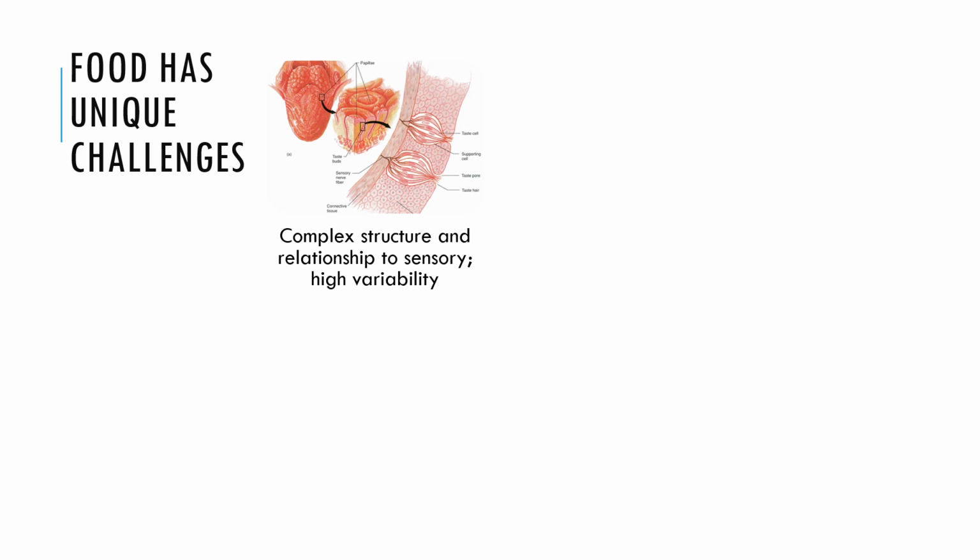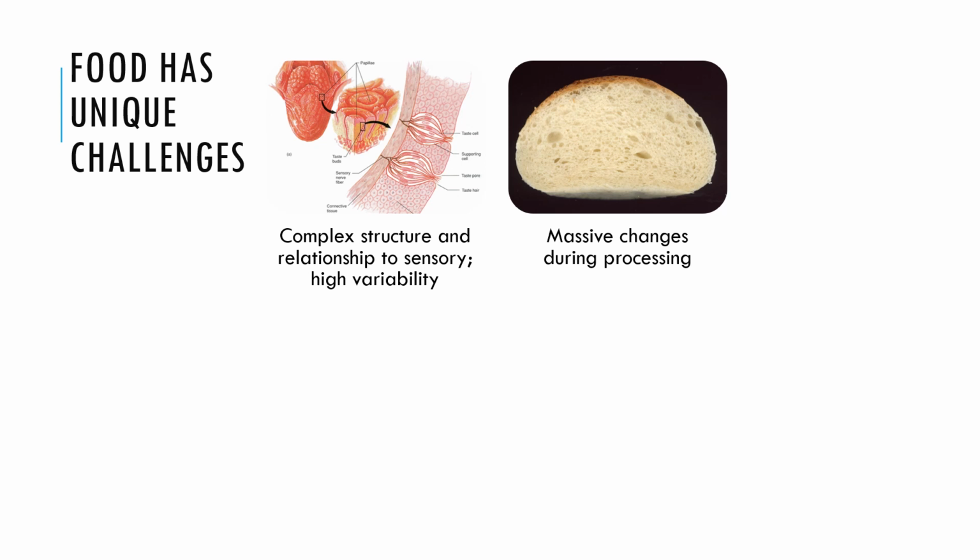Also, being a biological material, it has high variability. During processing, food also undergoes massive changes. So think of how a dough becomes bread, and these massive changes during processing need to be captured in the model. Otherwise, the model will not be realistic.